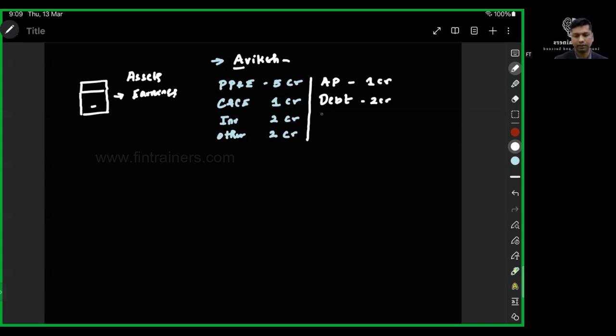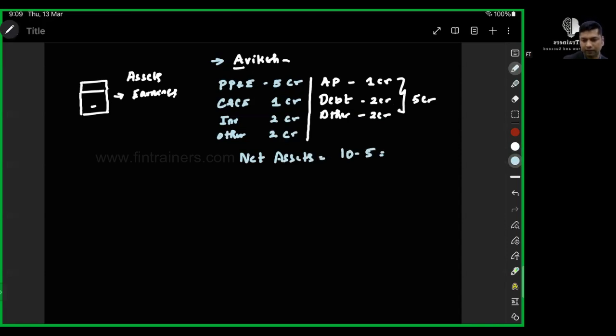Other items like income taxes payable, wages payable, other debt, let's say 2 crores. So this adds up to 5 crores of liabilities and 10 crores of assets. So what is the valuation now? The net assets that A has come up with is 10 minus 5, which is 5 crores.